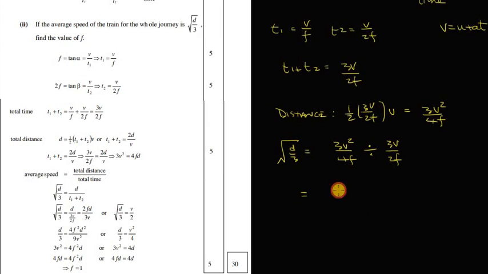Okay, that means I'm going to get 3v squared over 4f times, I'm going to multiply it by, put this inside bracket, 2f over 3v. So just flip and multiply.